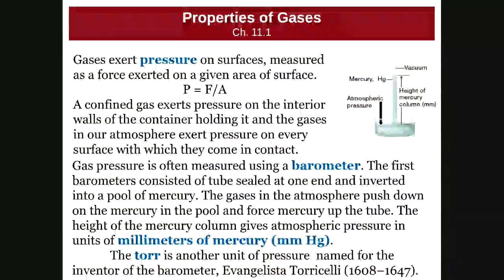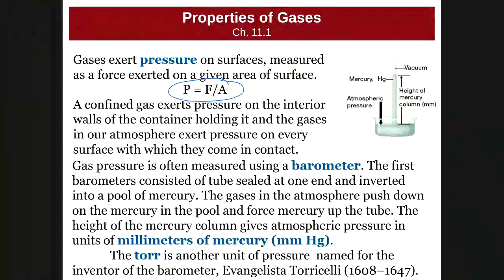So P equals F over A. The confined gas exerts pressure on the interior walls of the container. If you have a balloon, the air inside of the balloon is exerting pressure on the interior walls of the balloon. But we also have gases in our atmosphere that are exerting pressure on everything they come in contact with. So there are gases exerting their pressure on you right now.